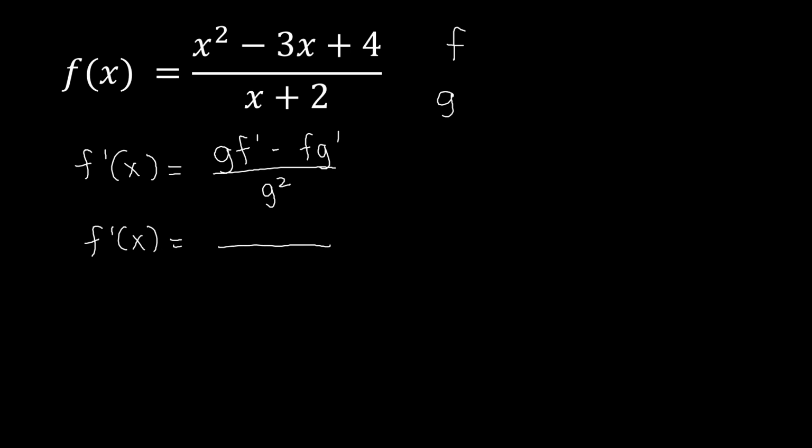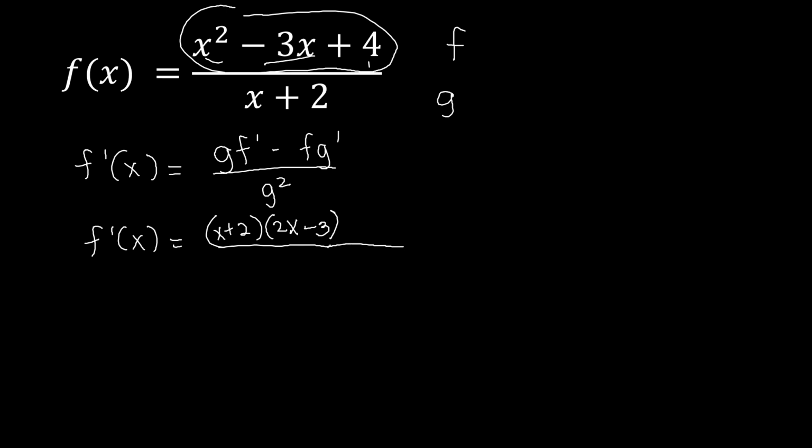g is x plus 2. For f prime, we get the derivative of each of the terms, starting off with x squared, that's 2x. In the next one, we have a negative 3x, and the derivative of that is simply minus 3. The derivative of 4 is 0, so we stop there.